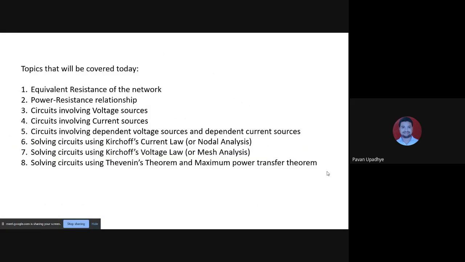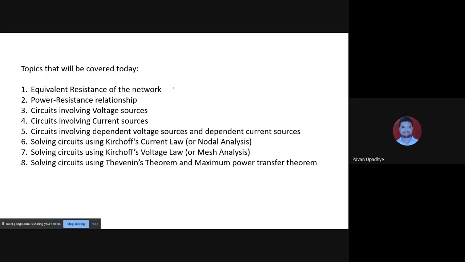Now, we shall go into a few basics of these topics, and we shall start with the numericals based on these topics. You all know that in the GATE examination, usually numericals on calculating equivalent resistance of the network appear.